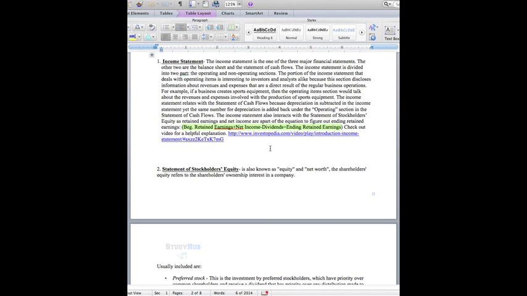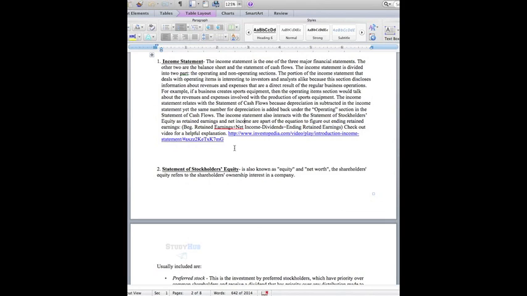The income statement also connects with the statement of cash flows. Depreciation expense is an expense on your income statement. You subtract that from revenue, just as you would materials expense, labor expense, or salary expense.